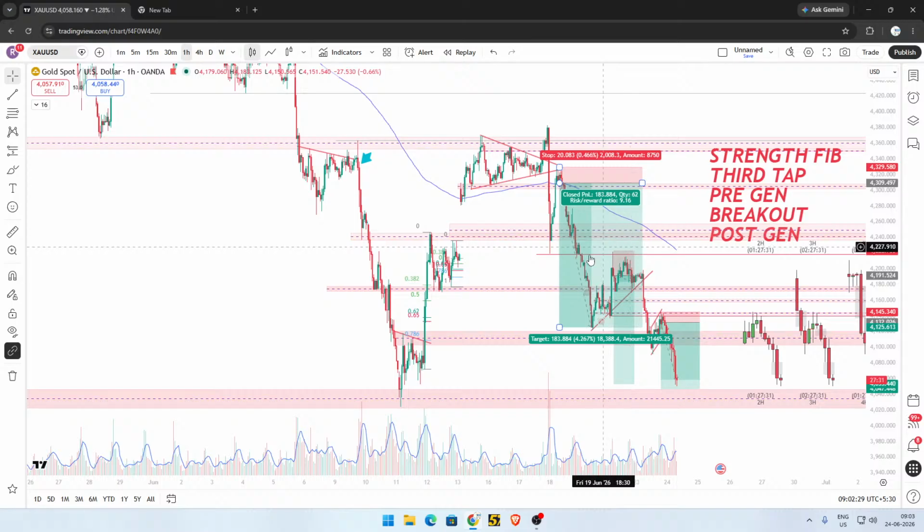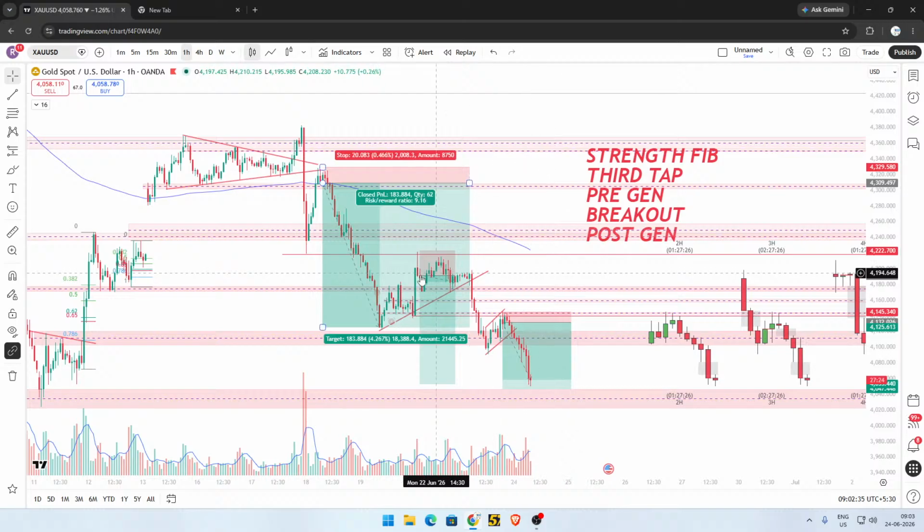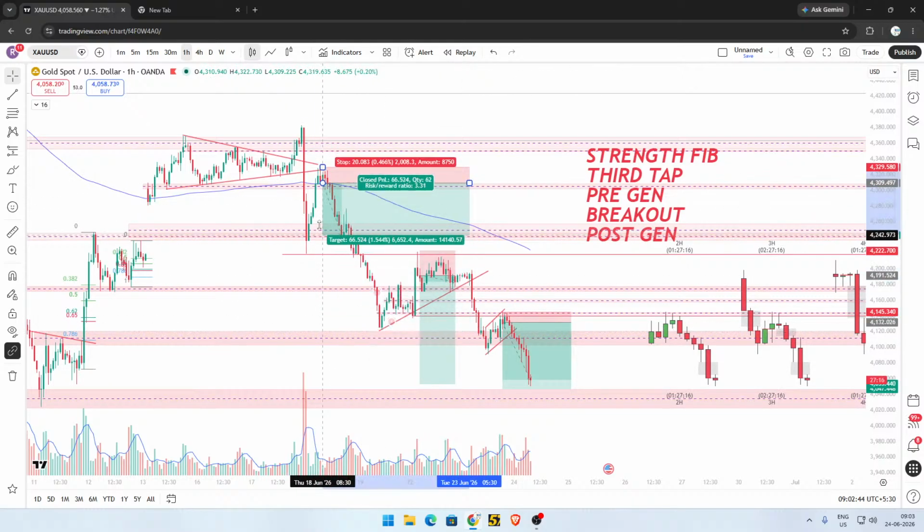So forget about holding these big trades, because it is possible, but as you don't have any money right now, you have to cut the SL at this area.